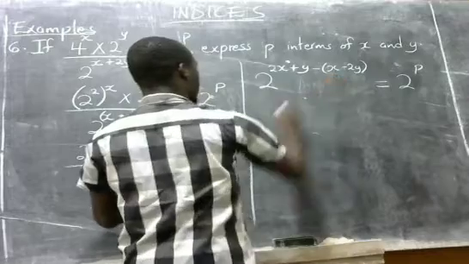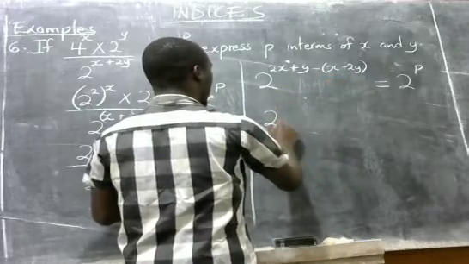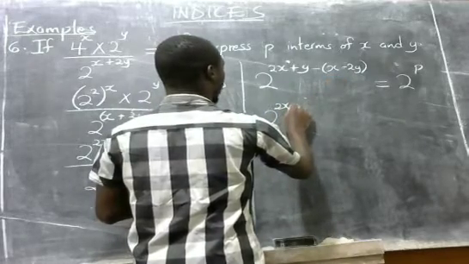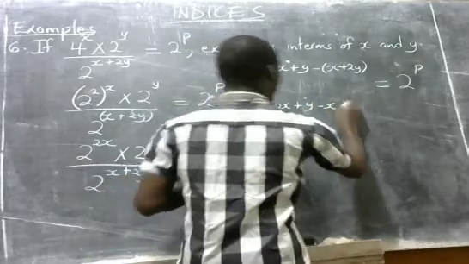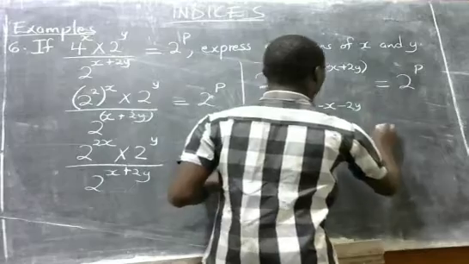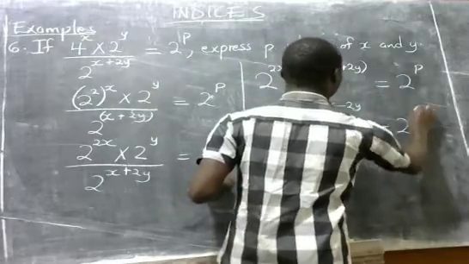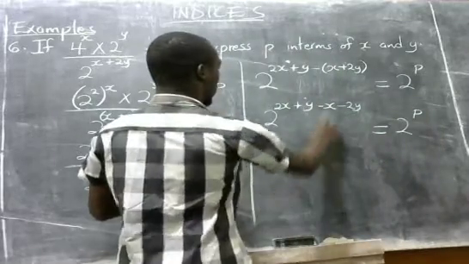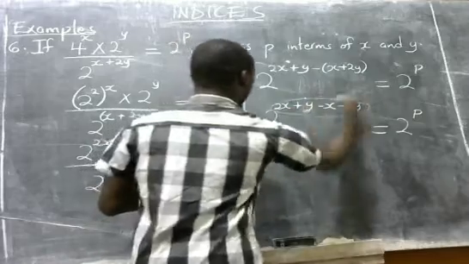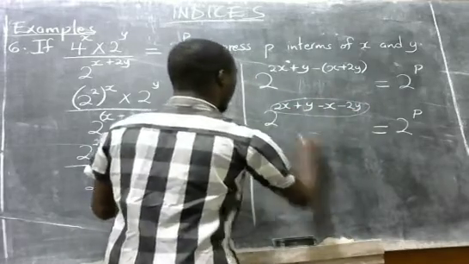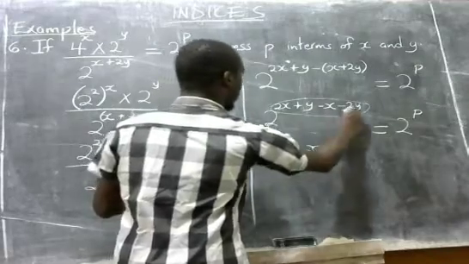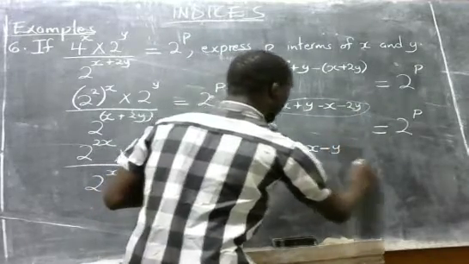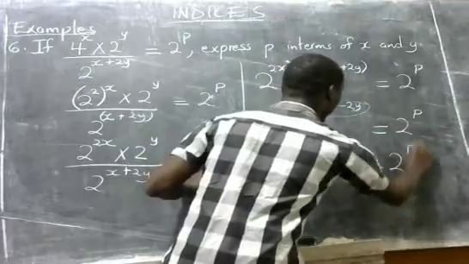So when I open brackets here, this is going to be 2 power 2x plus y minus x, then minus 2y, is equal to 2 power p. So when I simplify here, that's going to be 2 power x minus y, is equal to 2 power p.